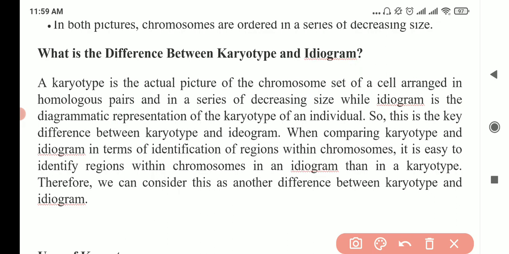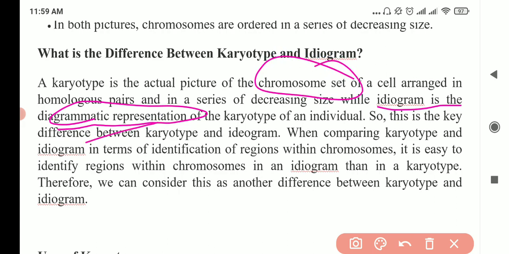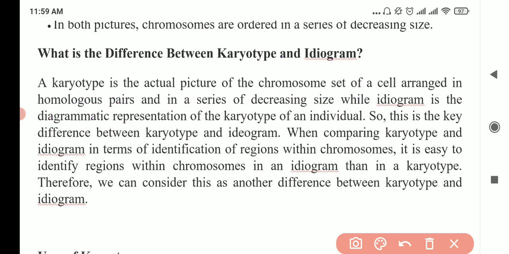Okay. Idiogram is the diagrammatic representation of the karyotype of an individual. So with the karyotype you get the set, and with the idiogram you get the diagram. This is the key difference between karyotype and idiogram.